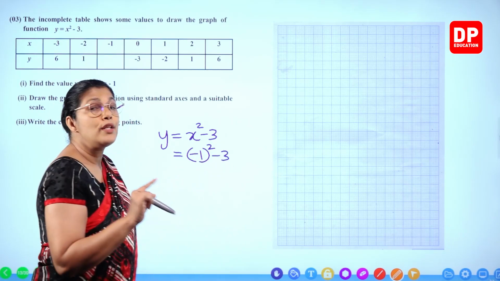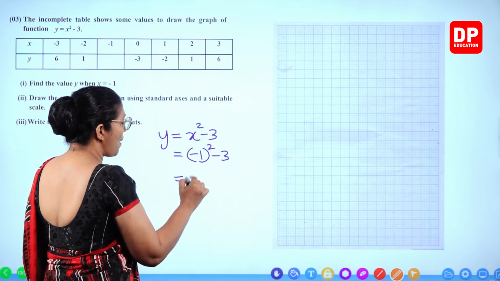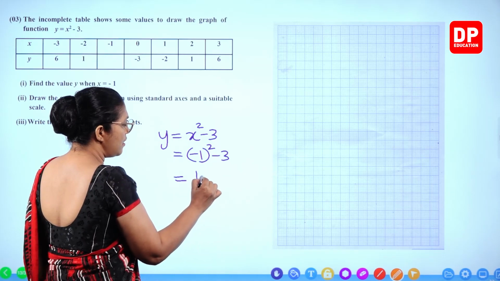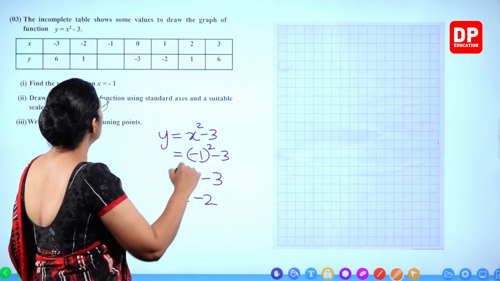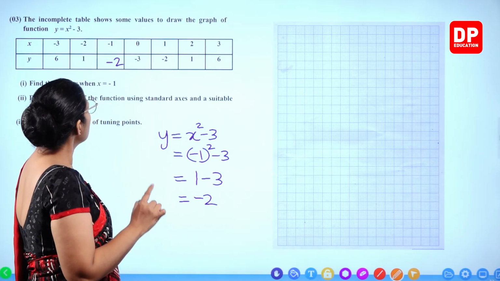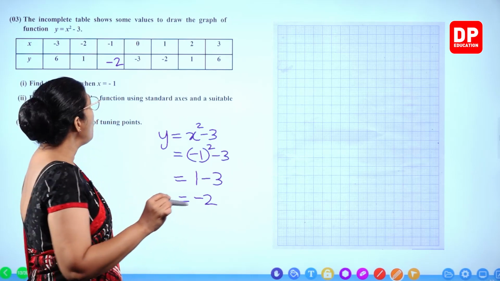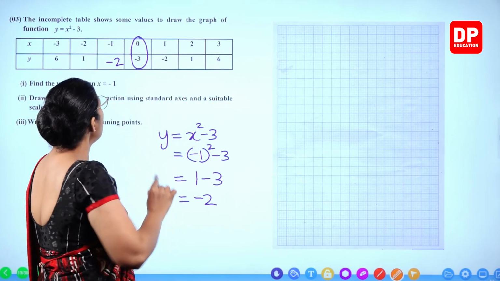Make sure when you get negative values, put brackets. Minus 1 squared is 1. 1 minus 3, you get minus 2. So here in this blank, you have to write minus 2. Now without drawing the graph, we can see this is the vertex point because this side and this side are symmetric.